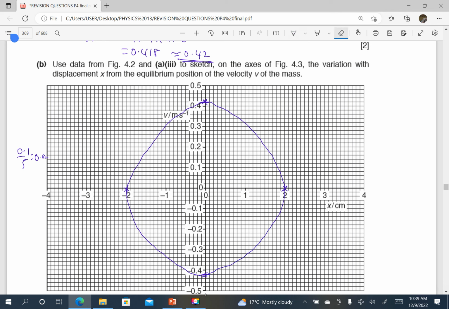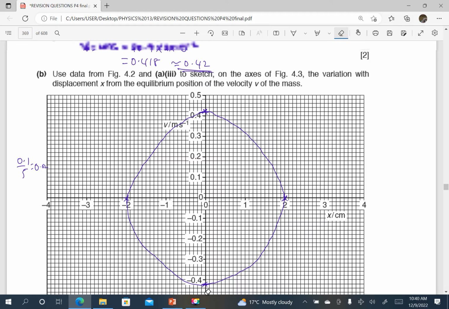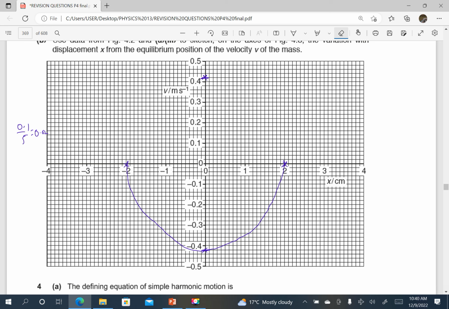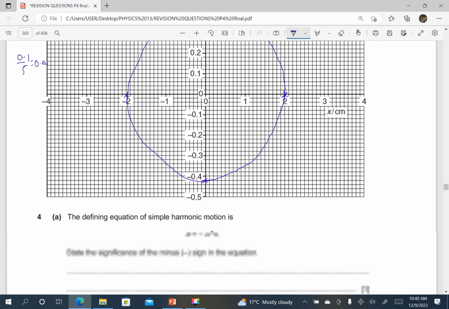That is not oval. I know people will draw squares. Okay, so that is the oval shape.